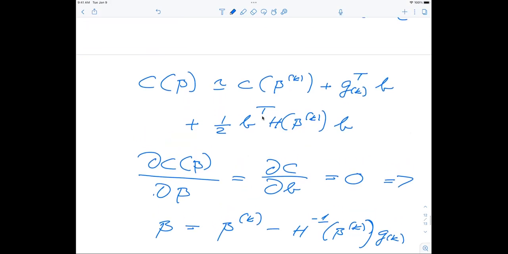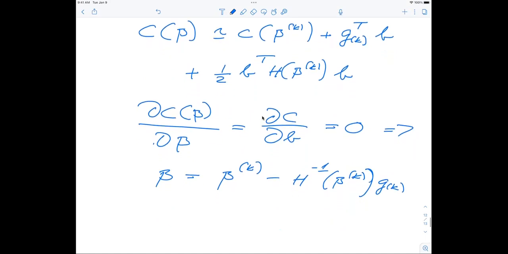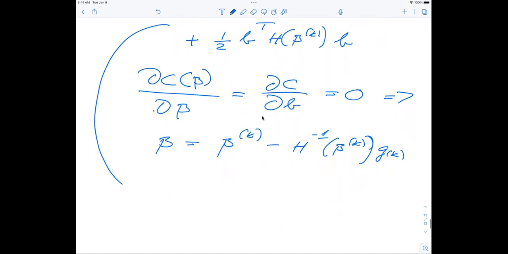And the only thing we have done, if you look at this problem here, is the same as looking at a function which has a constant, plus 1/2 times x transpose times a matrix A times a vector x, plus a vector g times x.